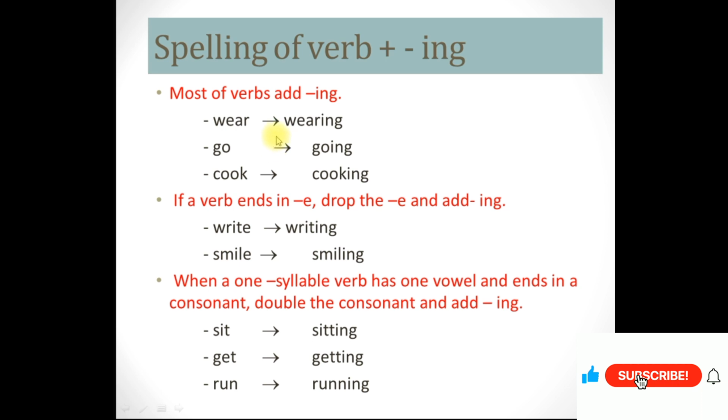We add ing to the base form of the verb. We cannot add ing to the past tense verb or past participle. This is a key point to remember. We have 3 cases to understand.